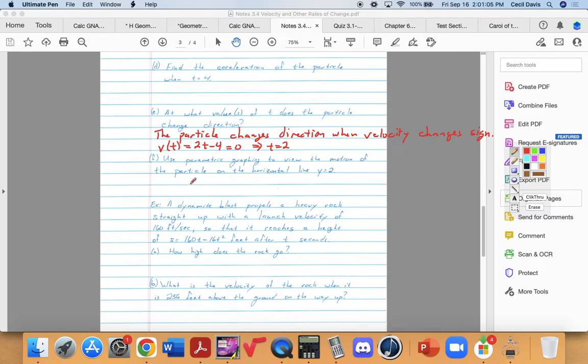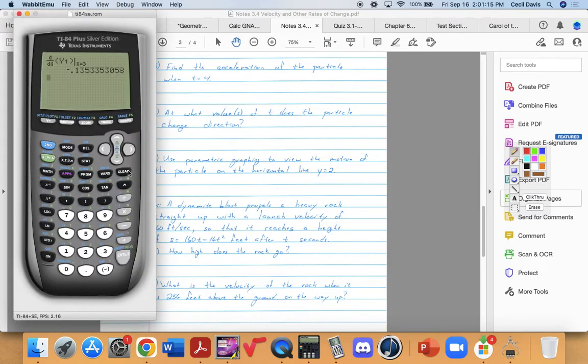All right, last one. Use parametric graphing to view the motion of the particle on the horizontal line y equals 2. I'm going to show you how to do this. It's actually kind of cool. Grab your calculator. You need to change your calculator into parametric mode.